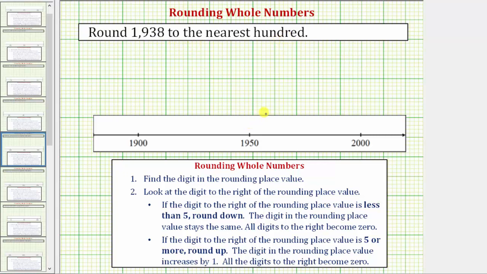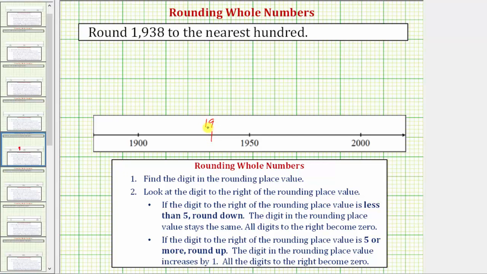So using the number line, if we were to count by hundreds, notice how 1,938 would fall between 1,900 and 2,000. And of course, 1,950 would be right in the middle. So if we were to plot the given value on the number line, notice how it would be approximately here.